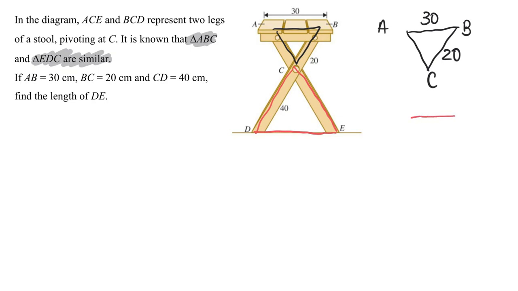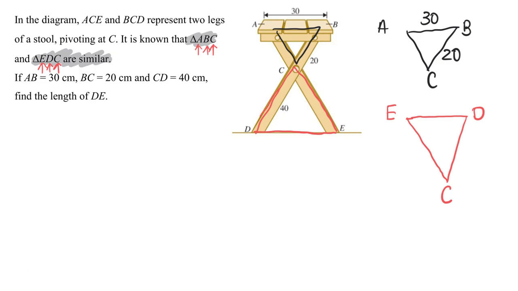And if I were to draw in the same direction or orientation, A to B to C, E to D to C, that means it will be E, D, C. Notice how Mr. Tan writes or draws the triangle in the same order or orientation.